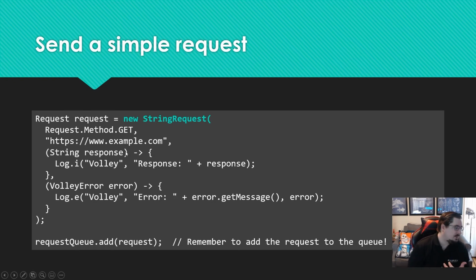Now, you will still have to use something like the Uri.Builder, for instance, to build up a URL as you need to add parameters. But once you're done building it up, you just provide it to this request object as a string. So this is one simple way to do it. StringRequest has a few limitations.